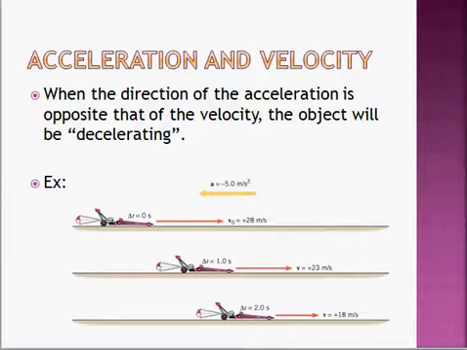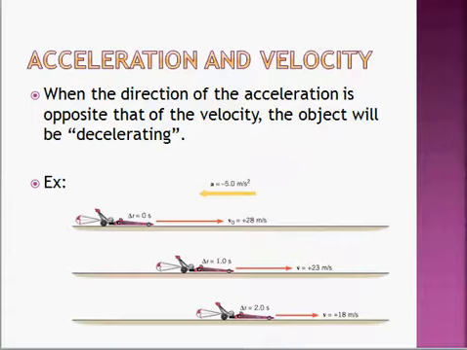If you take a look, that yellow arrow there, the acceleration is negative 5 meters per second squared. Every second, the velocity is going to decrease by 5 meters per second. So we go from 28 to 23 in the first second. In the next second, we're going to go from 23 to 18. So in this case, we have a positive velocity, but a negative acceleration. And what's the result? It actually slows down.